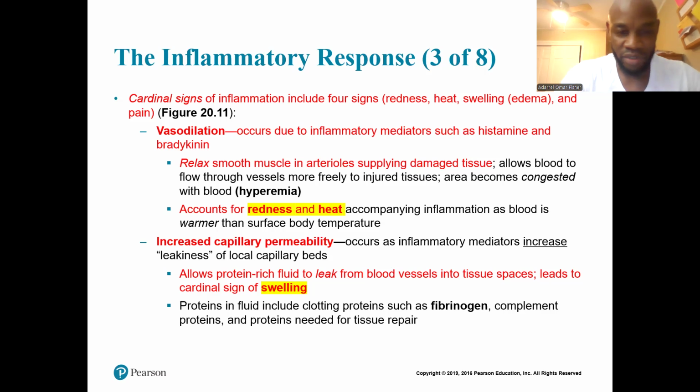We have increased capillary permeability, right? So protein-rich fluid leaks from the blood vessels into the tissue spaces and will cause swelling.